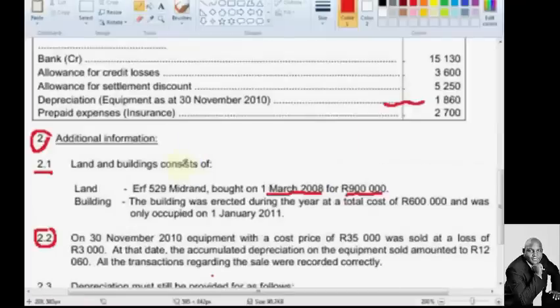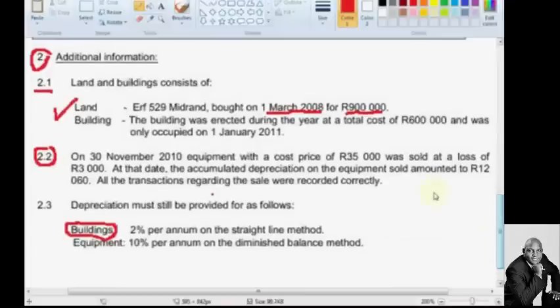And then what else? Okay, so this is done. Let's move down. Now additional information. On the 30 Feb 2010 equipment with a cost price of 35,000 was sold at a loss of 3,000. Okay, so we know that equipment was sold, right?